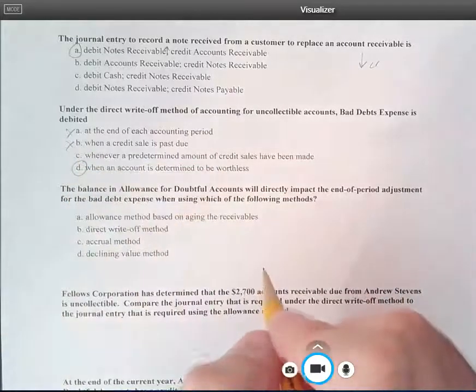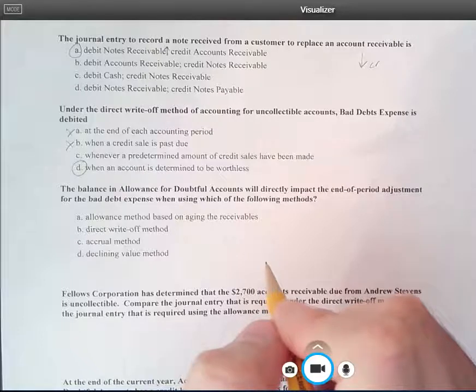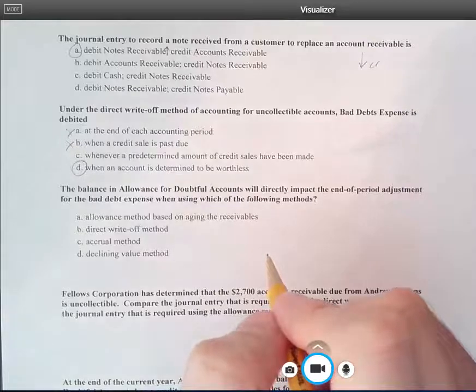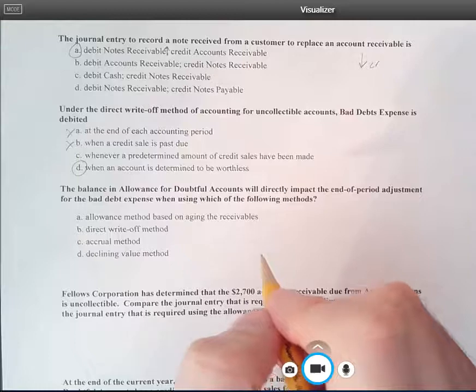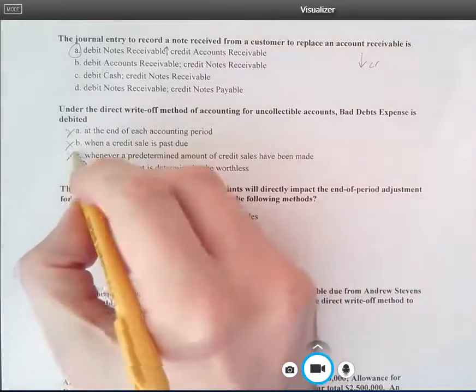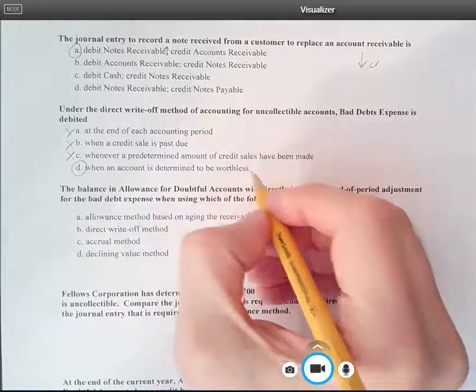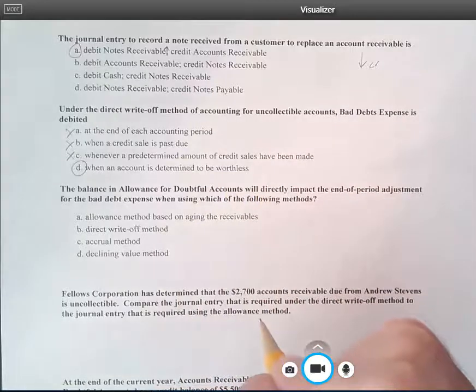And then it says C, whenever a predetermined amount of credit sales have been made. This is also somewhat of a reference to the allowance method, so choice C is wrong. So D is our correct answer.